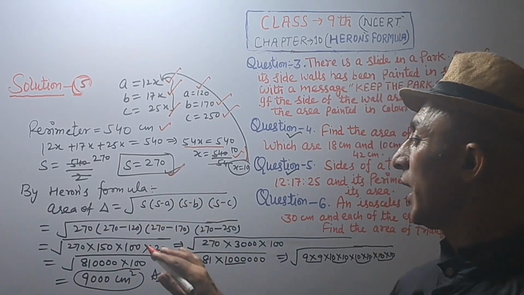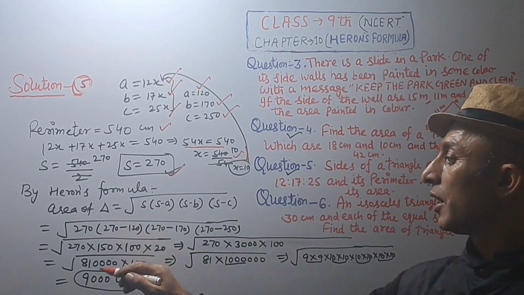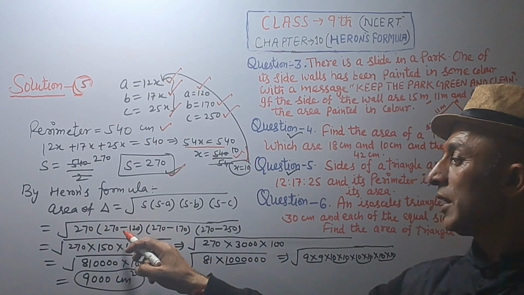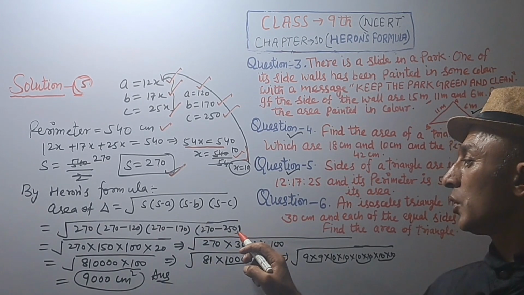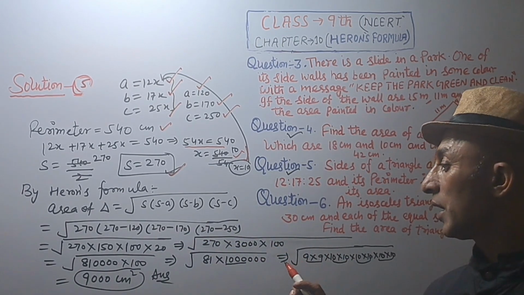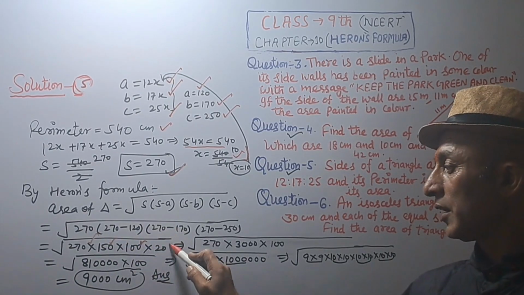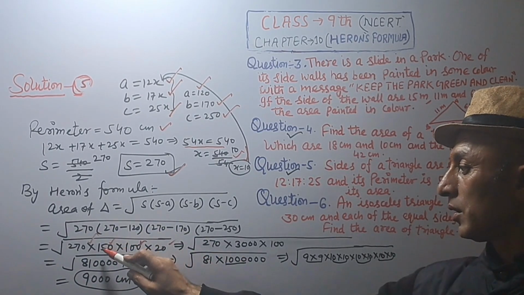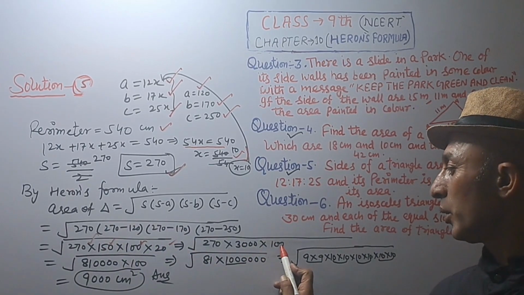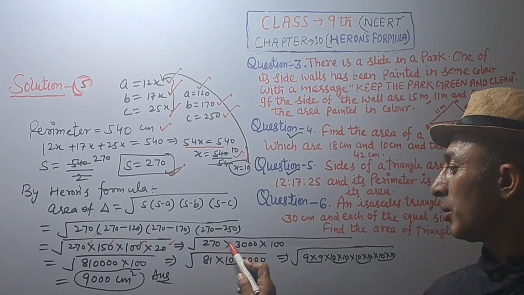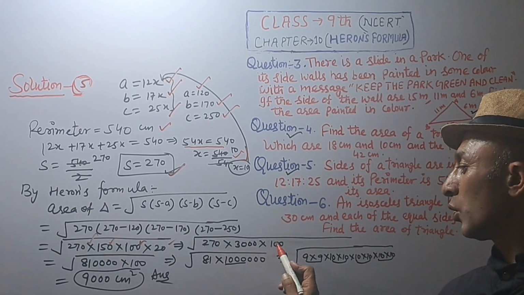Using Heron's formula, S into S minus A into S minus B into S minus C. Under root of S is 270, 270 minus 120, 270 minus 170, 270 minus 250. 270, 150, 100 and 20. 15 2s are 30, 3000 into 100, and 27 multiplied by 3 is 81.